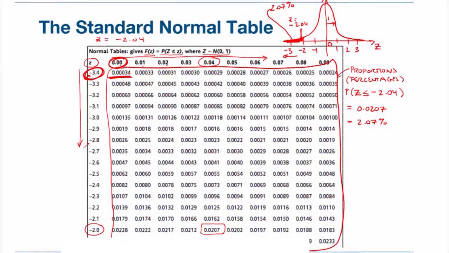So the area under the curve as your little z value moves further away from the mean gets very, very small. Maybe that also explains why our table doesn't need to go much further, because it's pretty much going to be nothing the further away you get from the mean. In this direction, z is getting smaller.